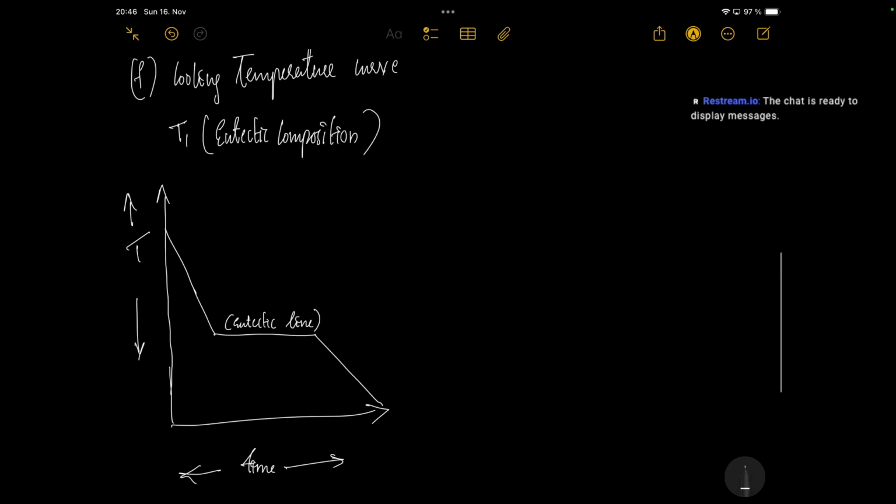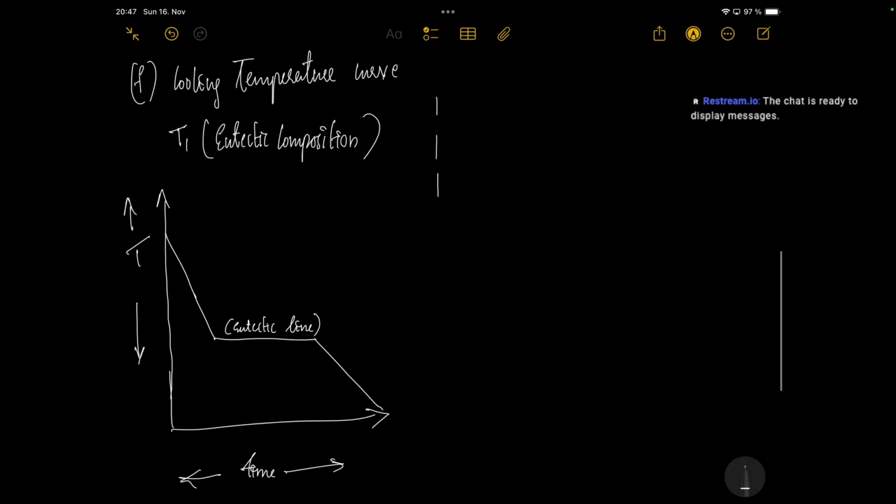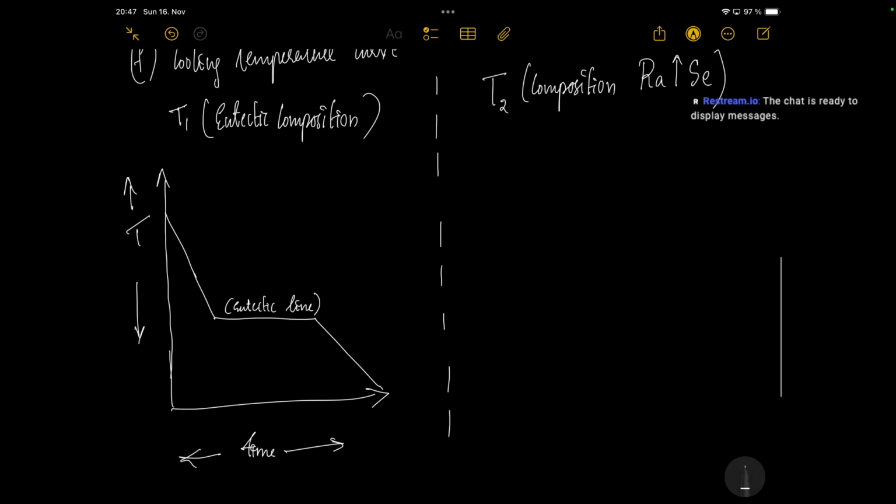And the other one, T2 composition, radium higher, selenium. And that one's a little bit tricky.